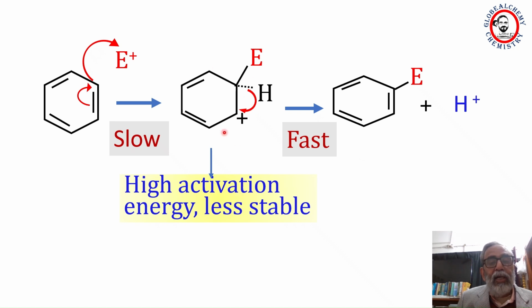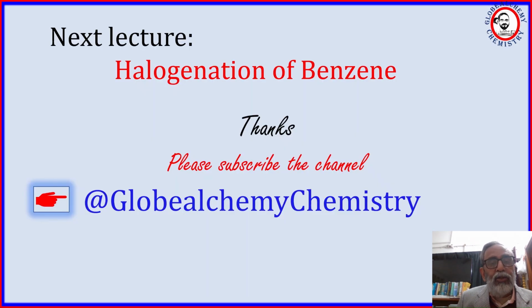This is the carbocation. It has high activation energy and it is less stable. The first step is slow, and because this is unstable, the second step is fast, and we get the substitution product here. So this is the electrophilic aromatic substitution.